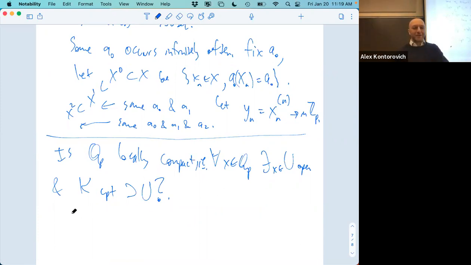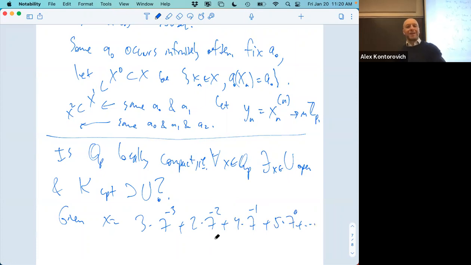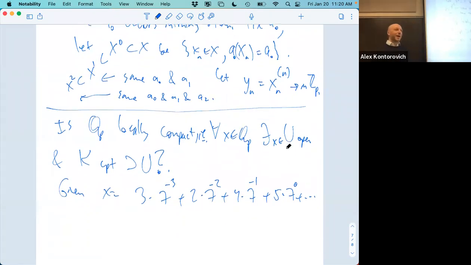I give you some point: x is 3 times 7 to the negative third plus 2 times 7 to the negative second plus 4 times 7 to the negative 1 plus 5 times 7 to the 0 and so on. How are you going to find an open set around this that is contained in a compact set? But actually what I said was okay too.